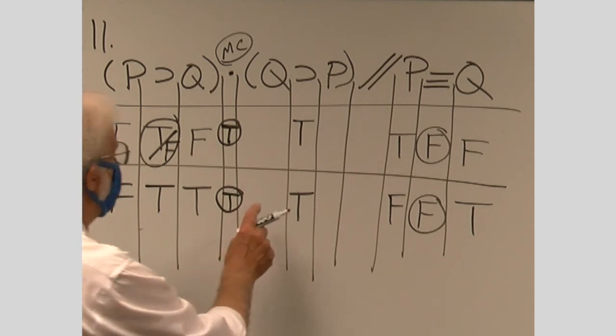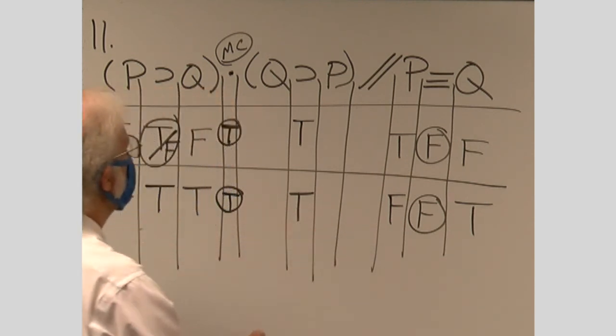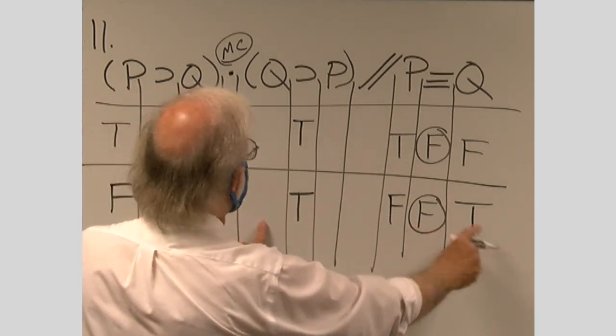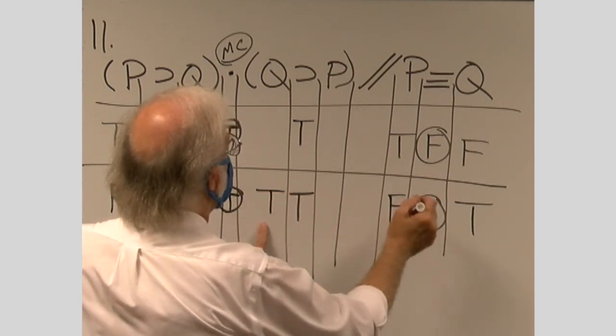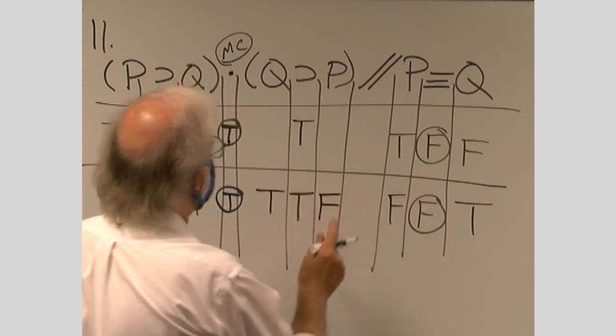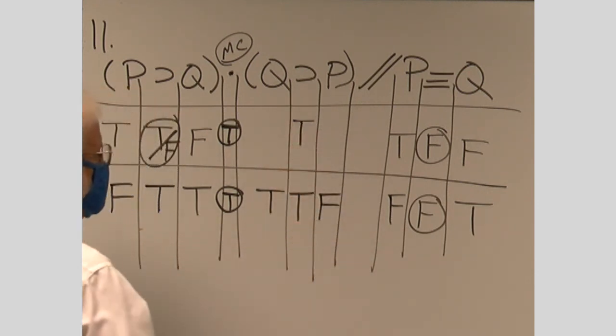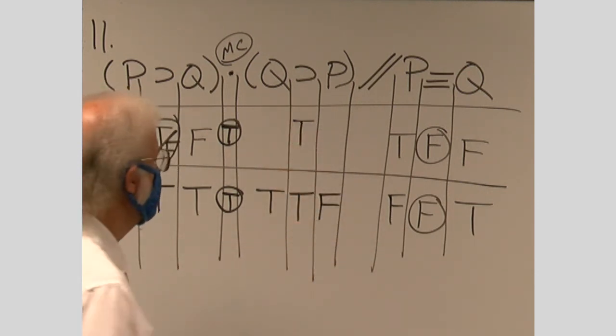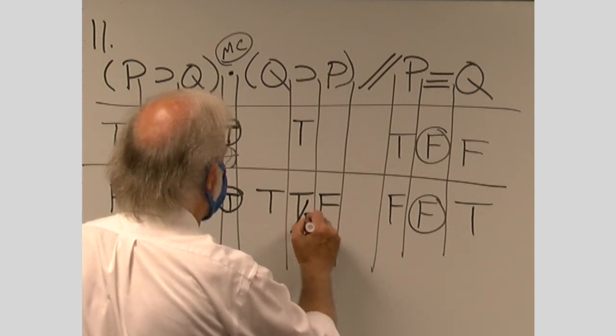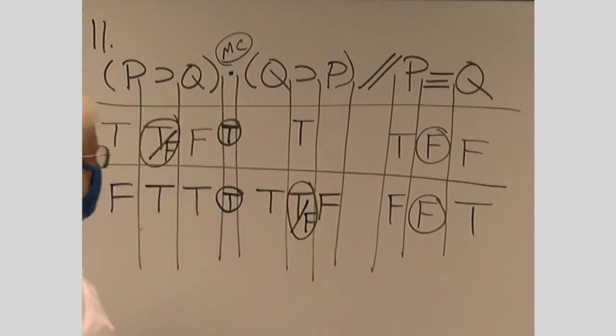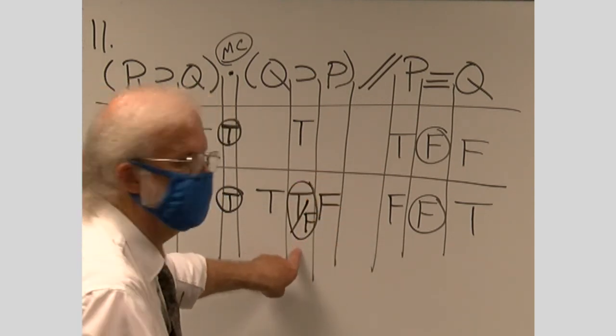Now let's go over to this set of parentheses. And again, we put in true for Q and false for P. Now, does true horseshoe false give you a true horseshoe? No, it does not. It gives you a false horseshoe. So we've got a contradiction that occurs here.